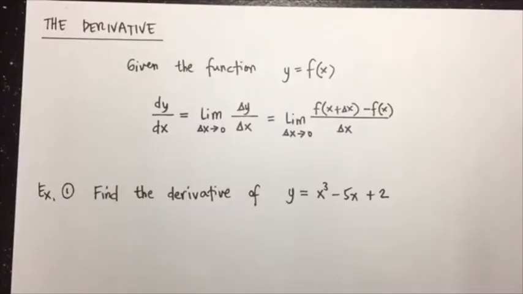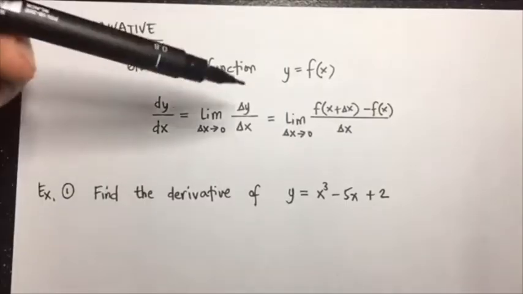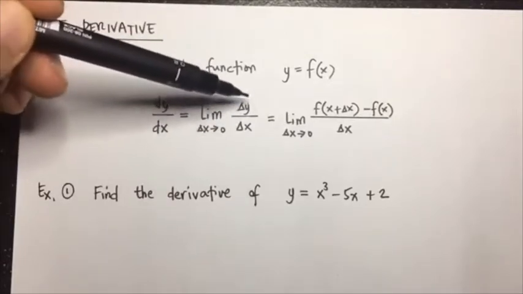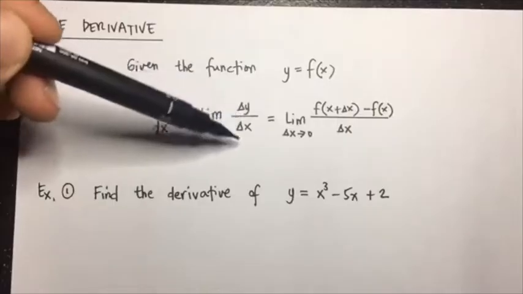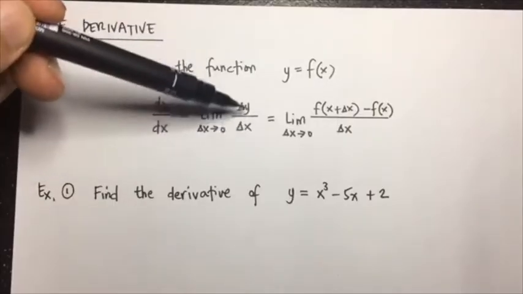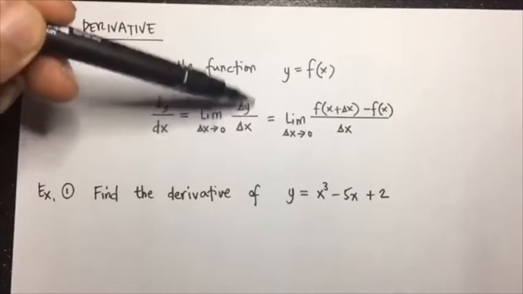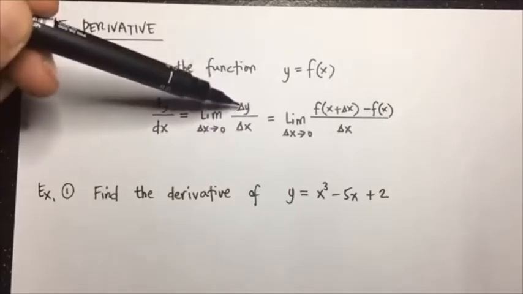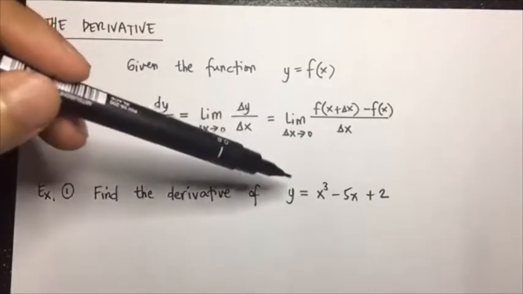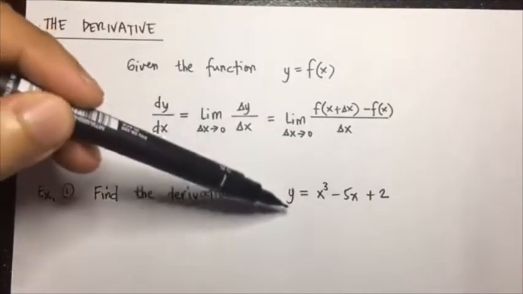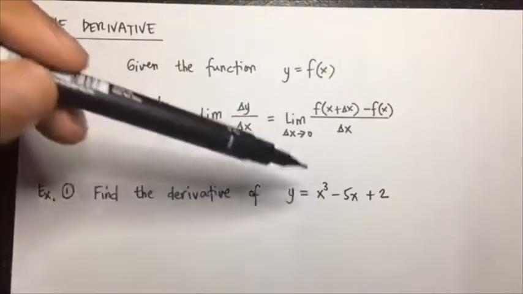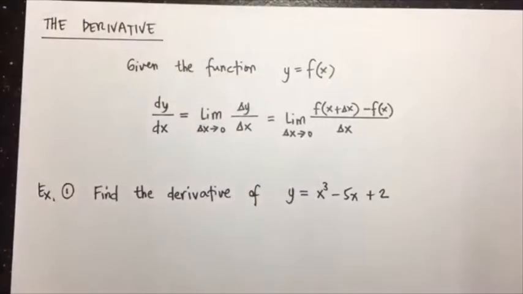The idea again of the derivative is getting the ratio of the changes in delta y and delta x. So all we need to do is replace y with y plus delta y, and then replace x with x plus delta x.